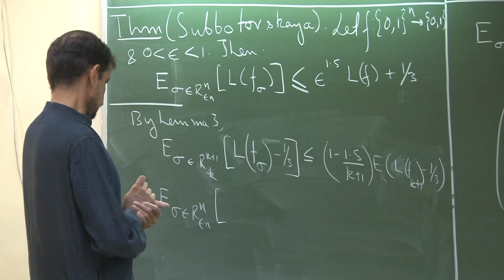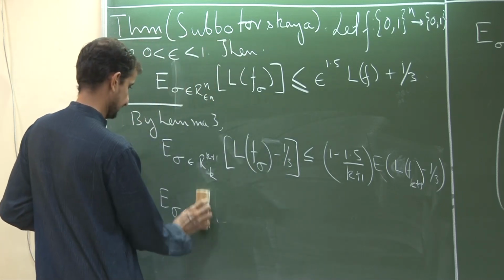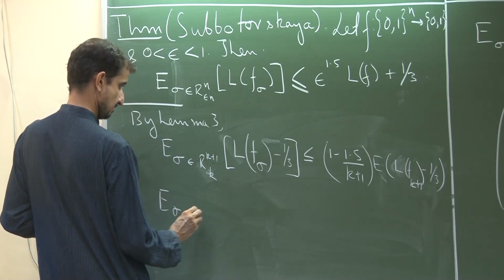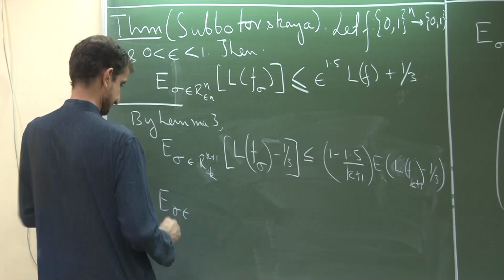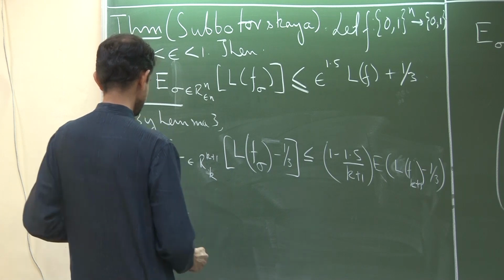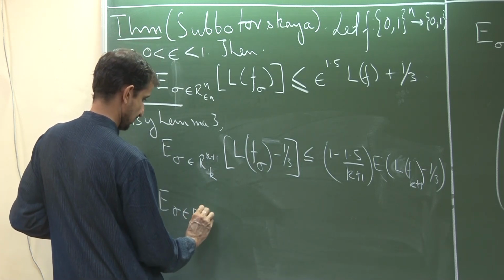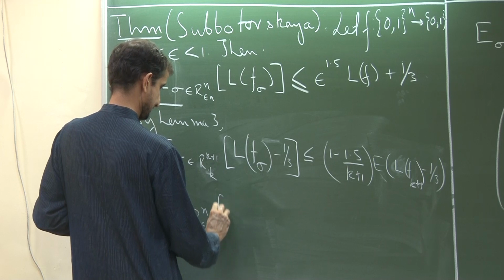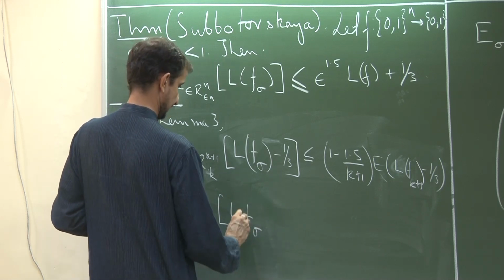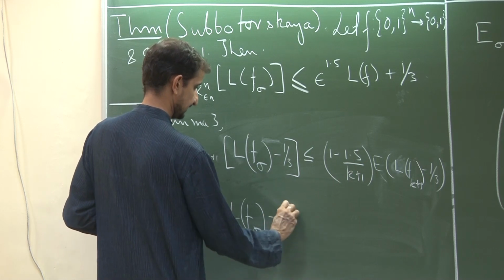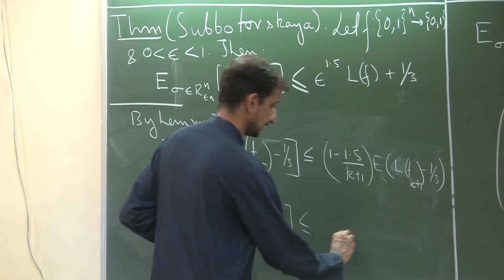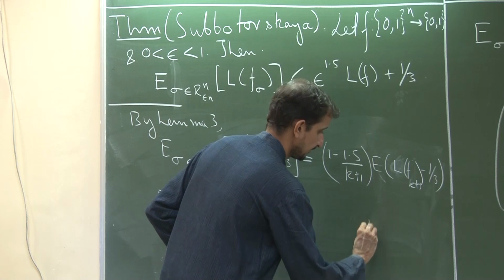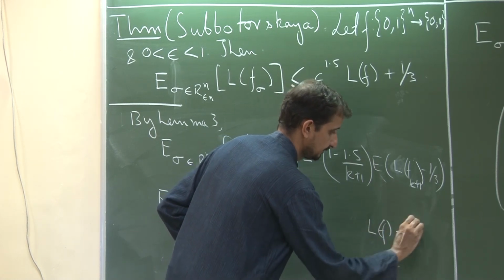Okay, one second. Expectation over sigma, r n, epsilon n, L of f sigma minus 1/3 will be how much times the value of L of f minus 1/3.